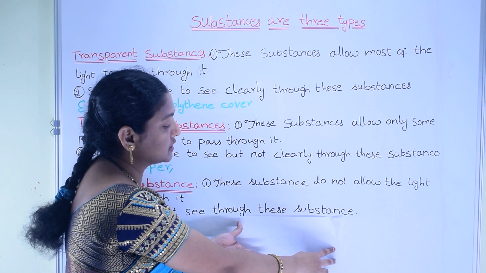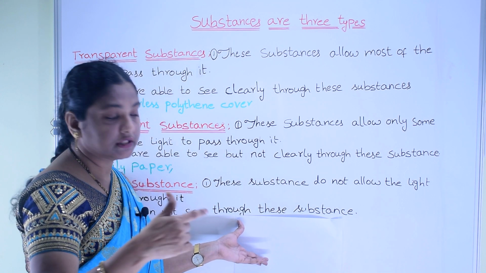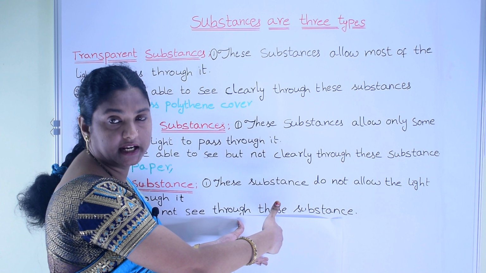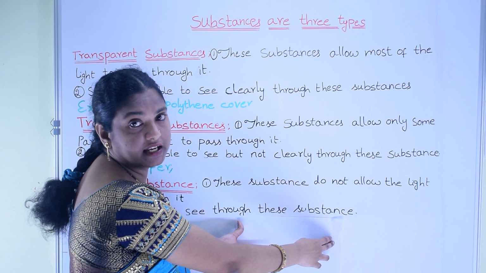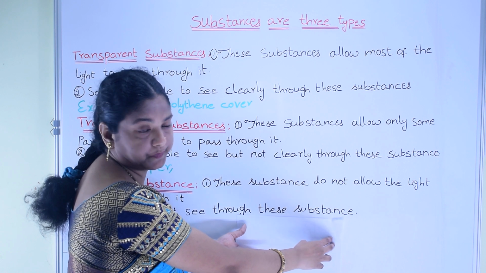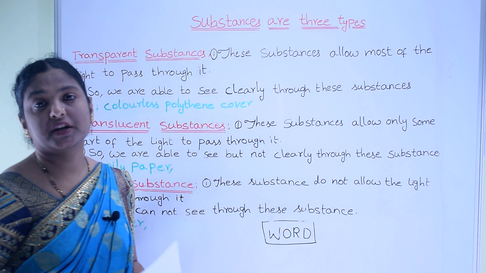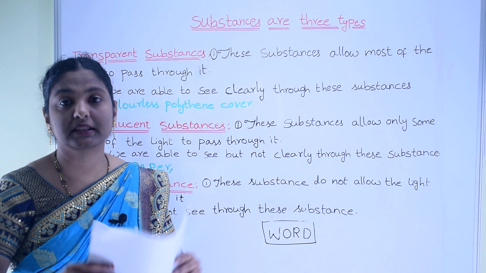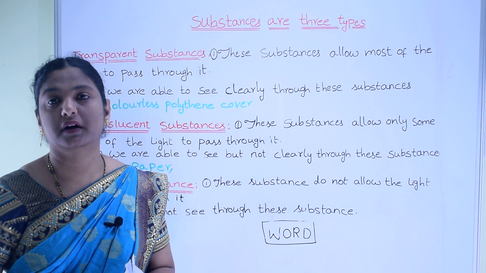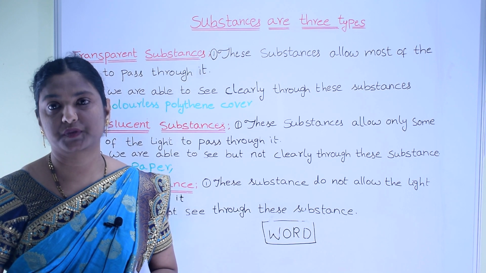This is because this paper does not allow the light to pass through it. That's why we cannot see through these substances. Such substances are called opaque substances, and this ordinary paper is an example of opaque substances.